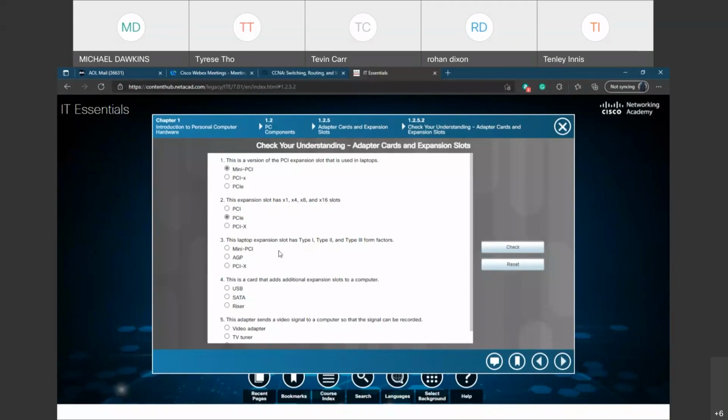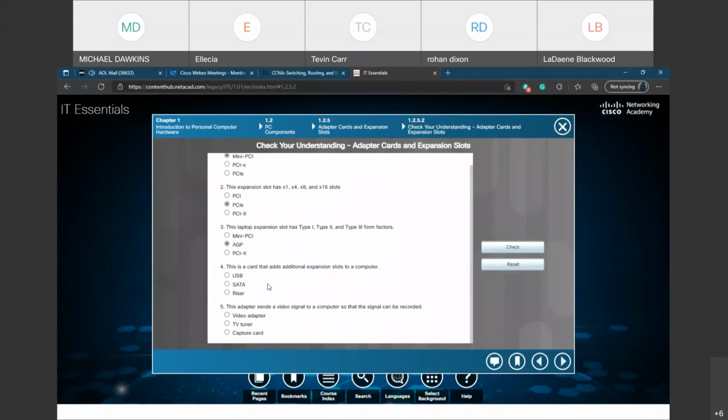This laptop expansion slot has type 1, type 2, and type 3 form factors. Trust me, it's only 3. AGP? Yes, sir. Okay, let's put AGP.